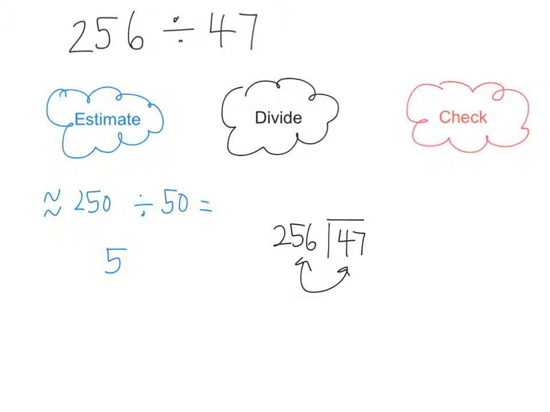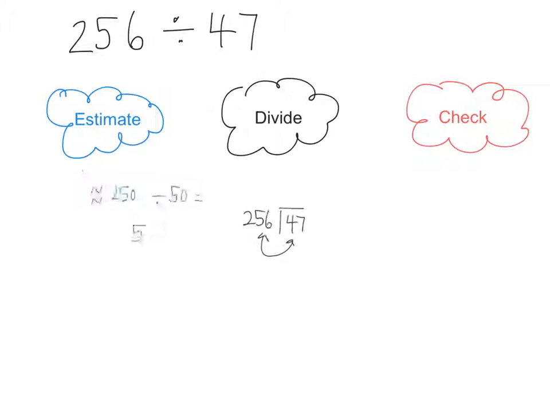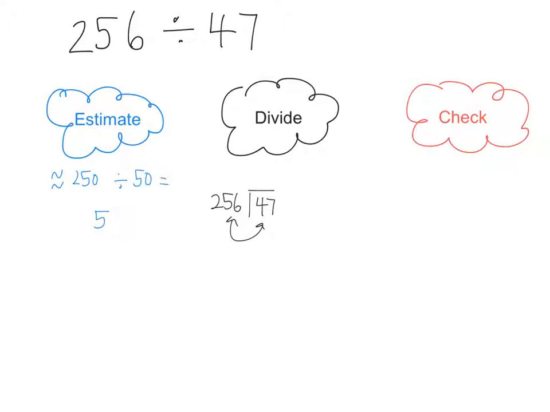Oh boy, I accidentally switched the whole and the divisor. That is incorrect. But it's also a very common fabulous fail, yes? So we don't want that. Instead, we want to put the whole inside the house, 256, and the divisor knocking on the door, 47.